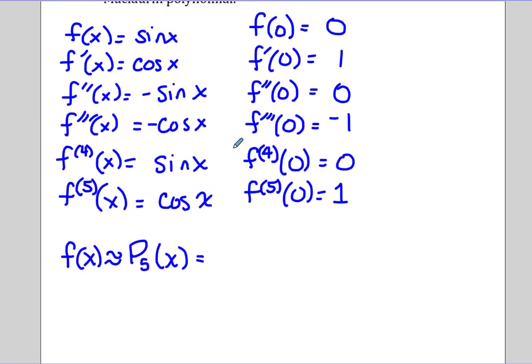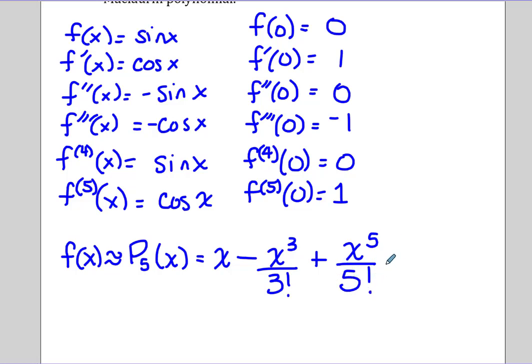The first one is 0, so we won't have a constant, but we'll have 1 times x, and then we won't have a squared term, but we'll have a cubed term, which would be negative (x minus 0) cubed over 3 factorial. We won't have a fourth degree, but we will have a fifth degree, and that would be x to the fifth over 5 factorial.